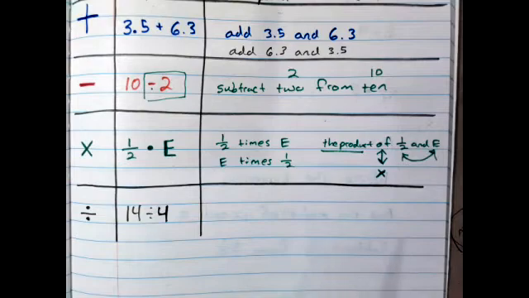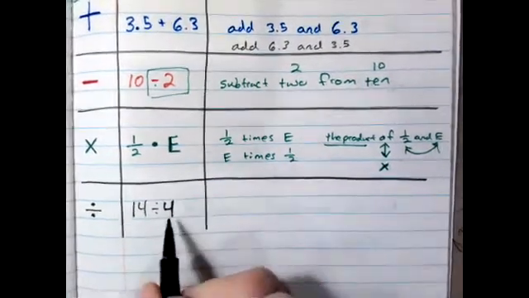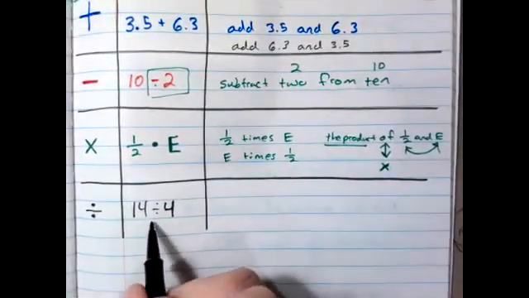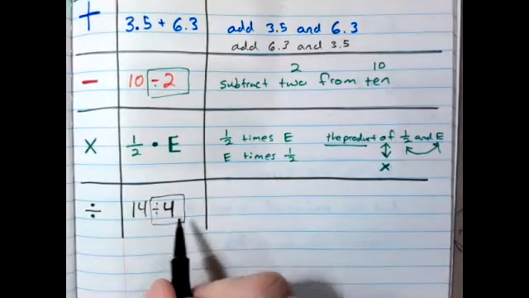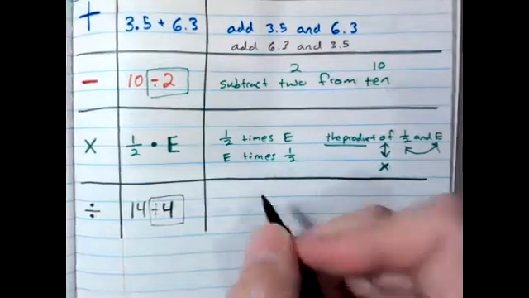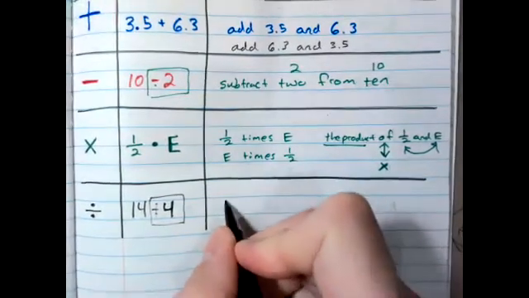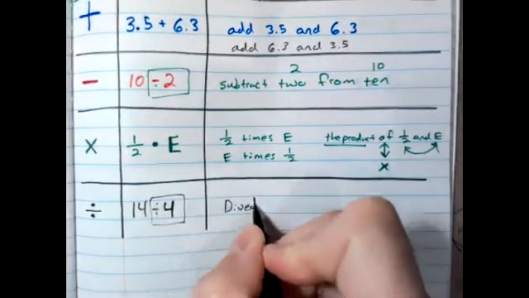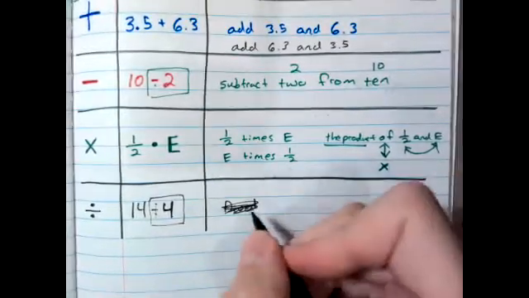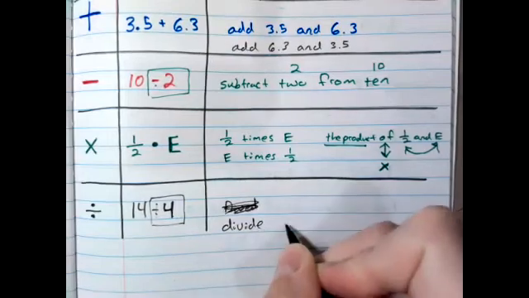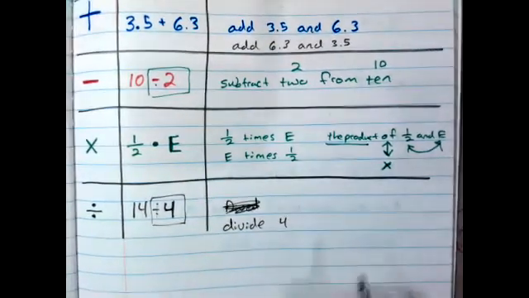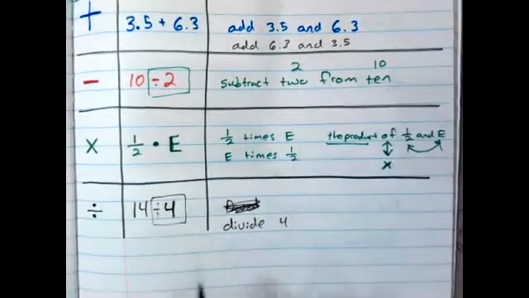And similarly to subtraction, we want to isolate the operation and what follows the operation. So we can say divide. Oops, I misspelled it. Let's try that again and spell it correctly. Divide 4. Well, that doesn't make sense.